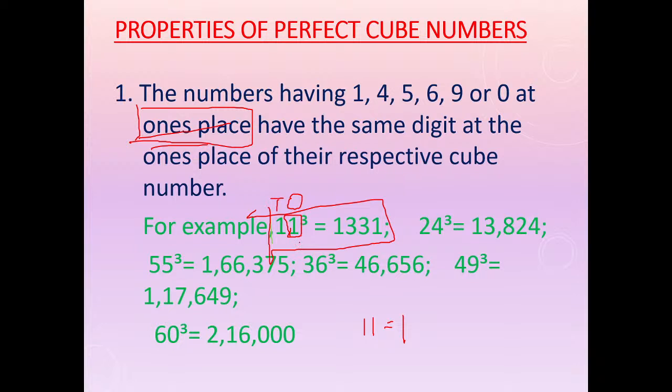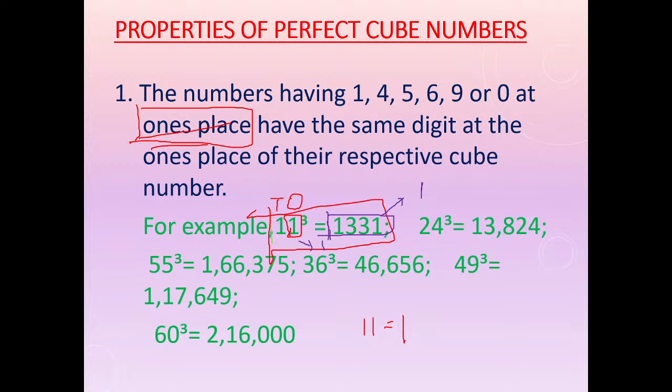Whatever cube of this number I get, that same digit will also be in my ones place. So if I take 11, here 1 is at my ones place. The cube of 11 is 1331. So what is at my ones place?